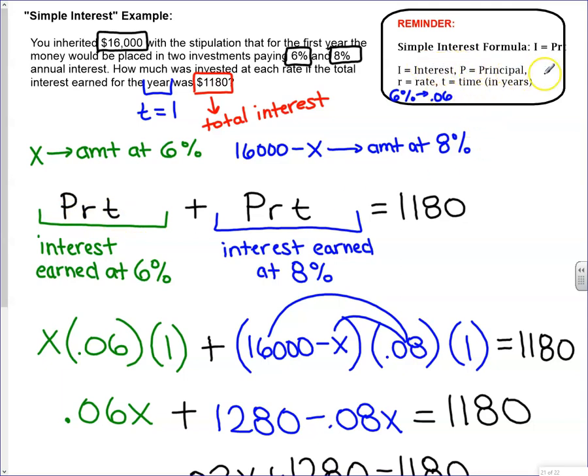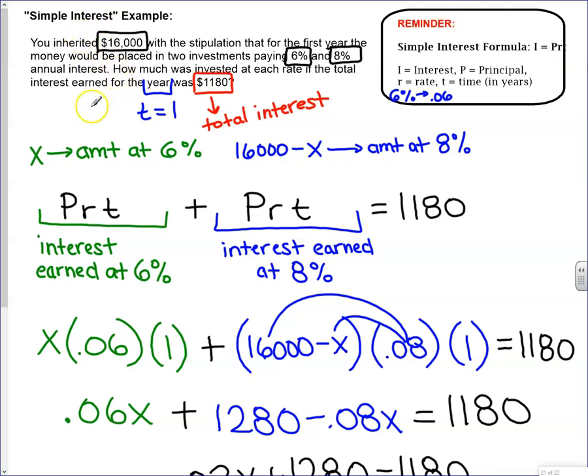The capital P is your principal, which is the amount that you put into the account, the starting value. R is your rate, the interest rate that you're going to have, and we always put it in as a decimal, so make sure you convert your percentage to a decimal. And then T is the time in years.